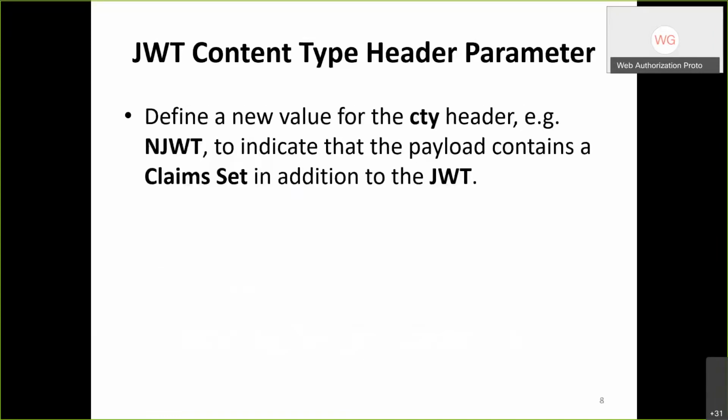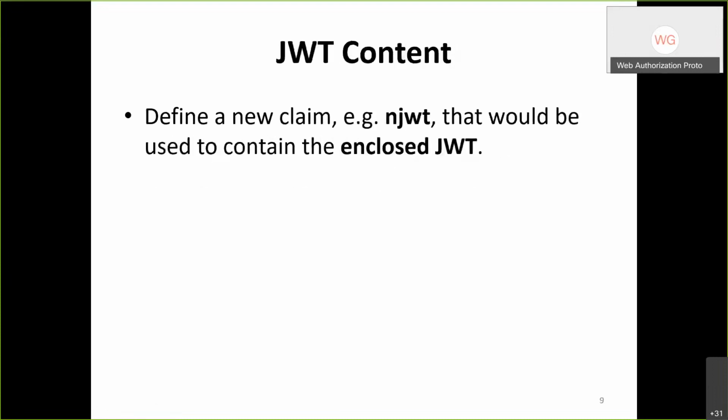So what the draft is proposing as a way to get this going is, first, to define a new content type header to indicate that the nested JOT, the outer JOT, will have its own claims and complies to this. One suggestion is to call it an NJOT, for nested JOT. Then we define a new claim inside that JOT, and we could call it njot again.